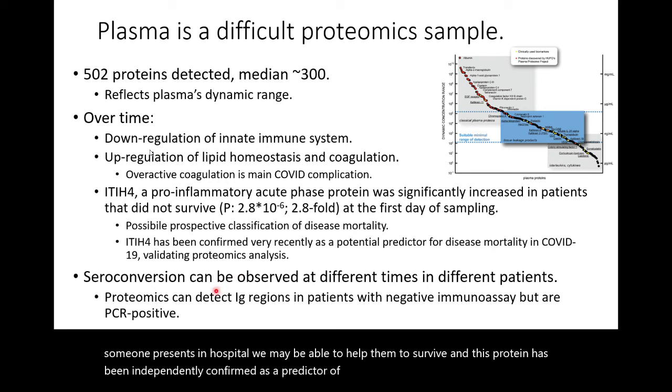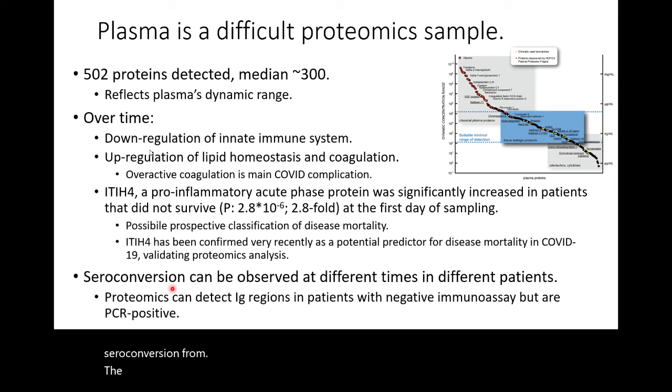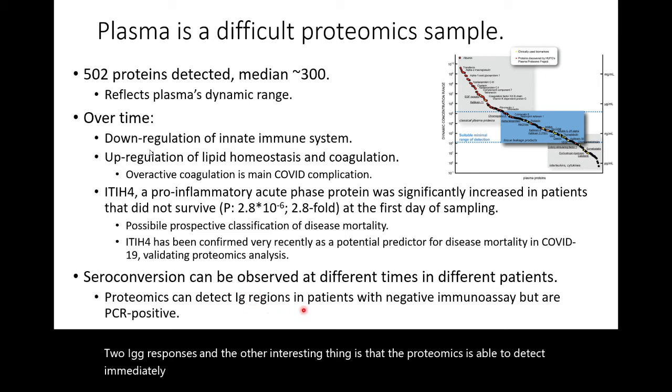One of the other things that was observed is how the body undergoes seroconversion from the initial IgM response to IgG responses. And the other interesting thing is that the proteomics is able to detect immunoglobulin regions in patients that are otherwise showing negative immunoassay results.